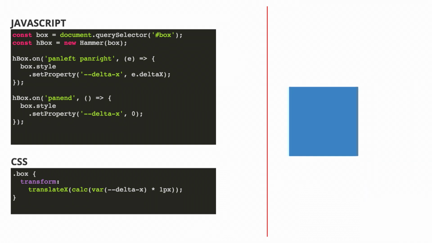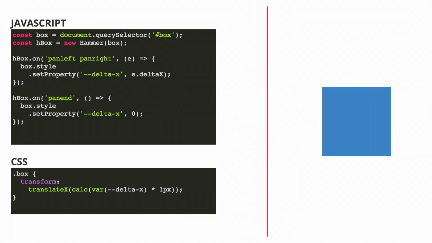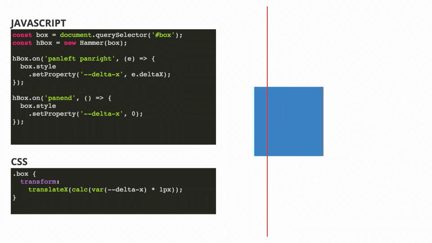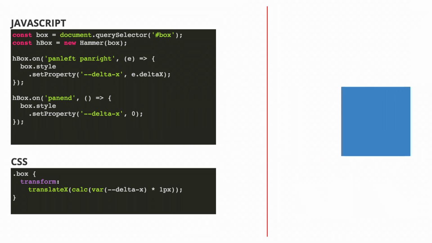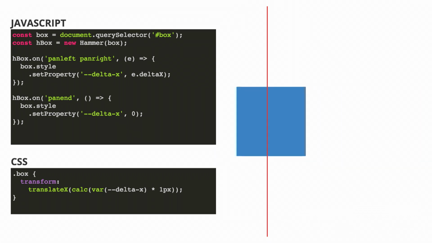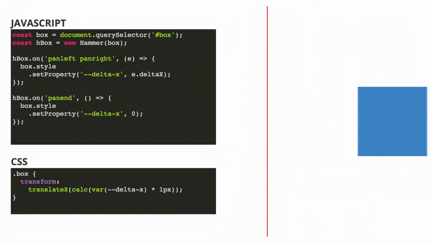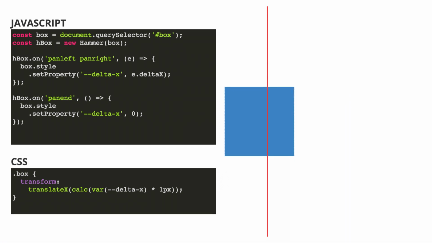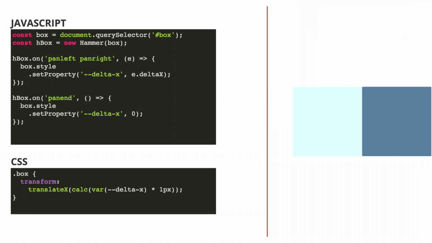It's because you could set CSS variables using JavaScript. All you have to do is you take the element, the node, you do the node.style.setProperty, and then you could set that CSS variable to any number or string that works inside of CSS. So in this case, I'm using a library called Hammer.